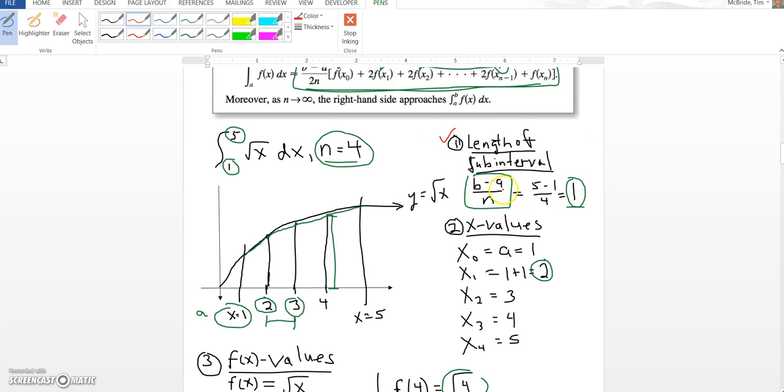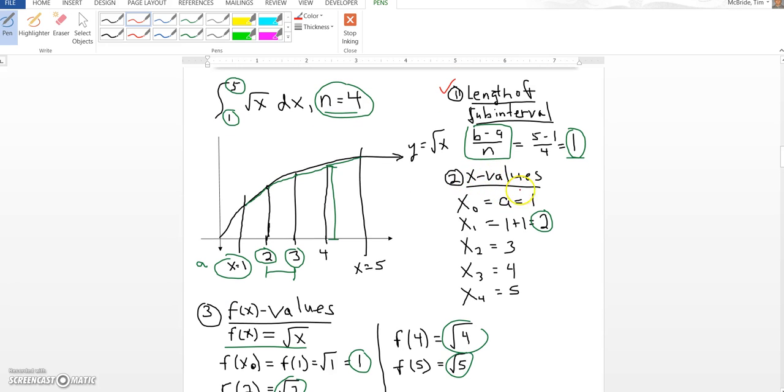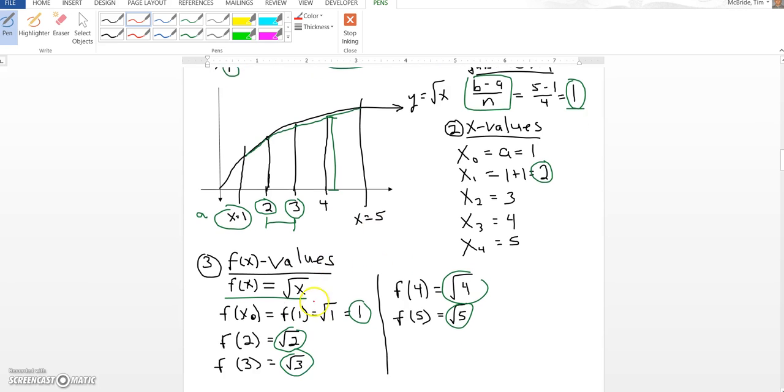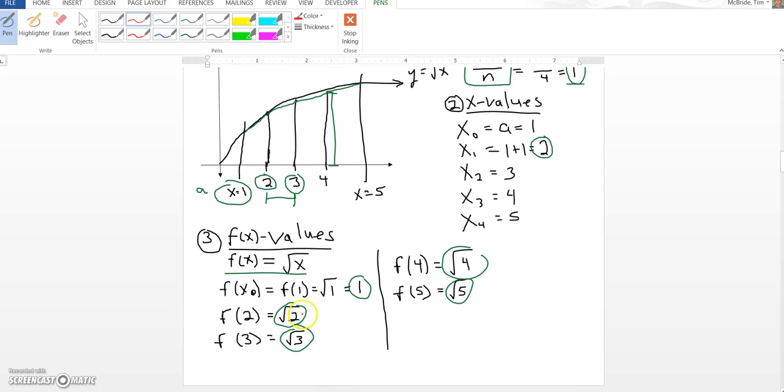Step 1, we find the subinterval, so b minus a over n. Then find all the x values, so a and then plus the subinterval length. Then we find the function values the same way: take your x values and plug them into the function.